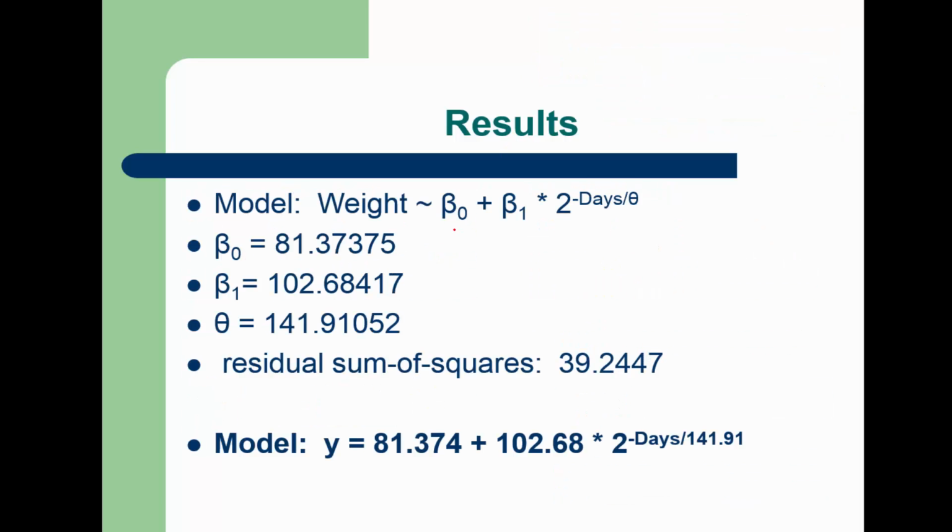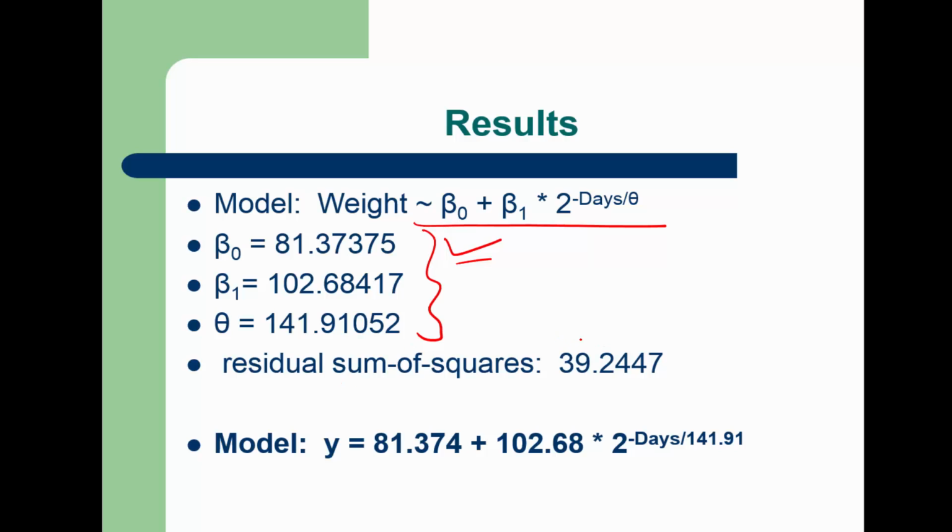So here is the final model that we have with the given data. We have three parameters in place. Beta naught happens to be 81.37, beta 1 is 102.68, and theta is 141.9. Now you can explain these coefficients from the model the way we explained them on the first slide, and use that as one of the explanations.